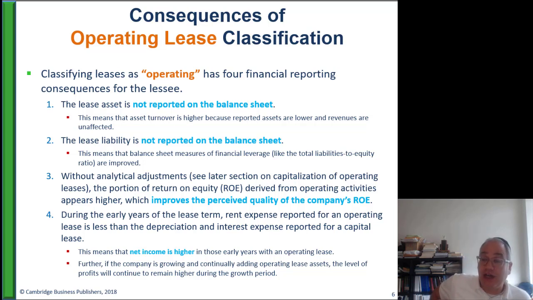Because your assets are being understated, and therefore your asset turnover will be overstated. Furthermore, there's no liability going on your balance sheet, so your financial leverage is going to look lower, i.e. less risky. So classifying leases as operating leases really does distort the balance sheet in a serious way.